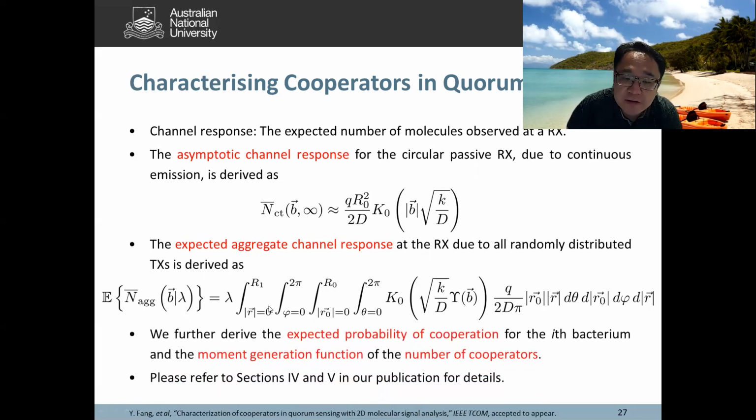Based on this, we further derive the expected probability of cooperation for each bacterium, as well as the moment generation function of the number of cooperators. Based on this moment generation function, we are able to evaluate useful statistics of the number of cooperators, for example, the mean and the variance. This will help us to handle the statistical behavior of the cooperators. Again, please refer to relevant sections in our publication for the detailed derivation.